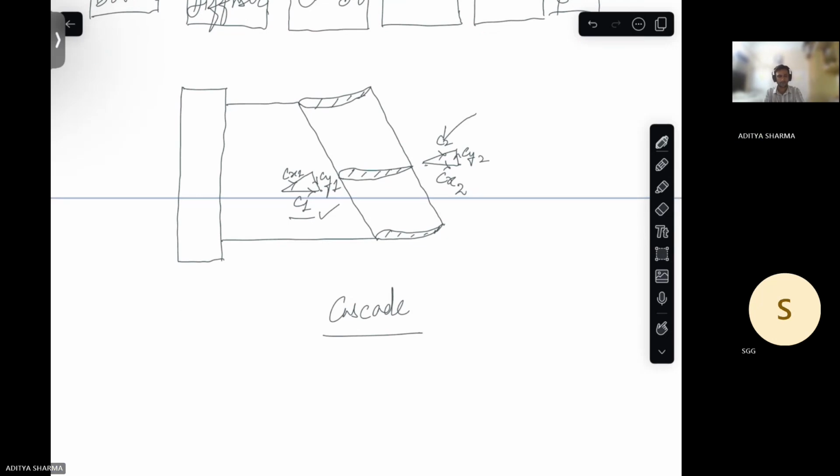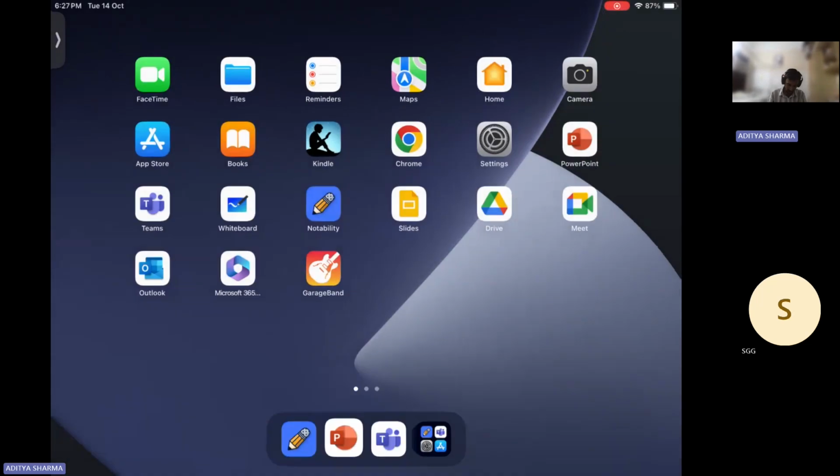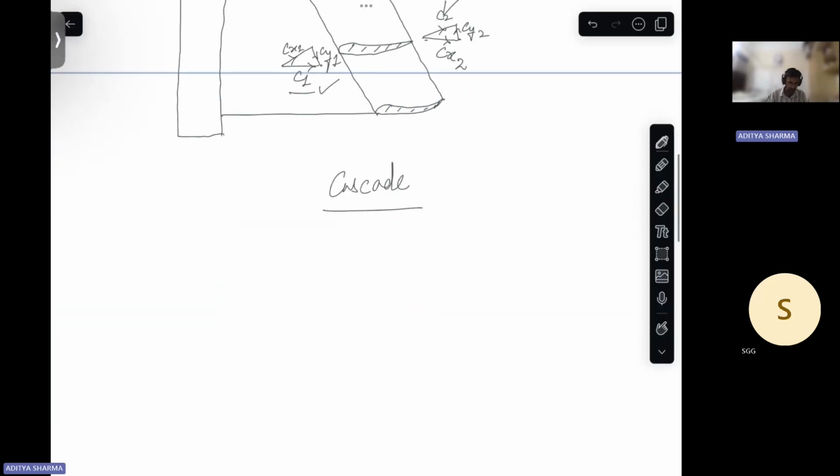Then comes your cascade performance. In cascade performance, one important thing we take care of is that we should not have pressure losses. In flow studies, pressure has always been our concern.